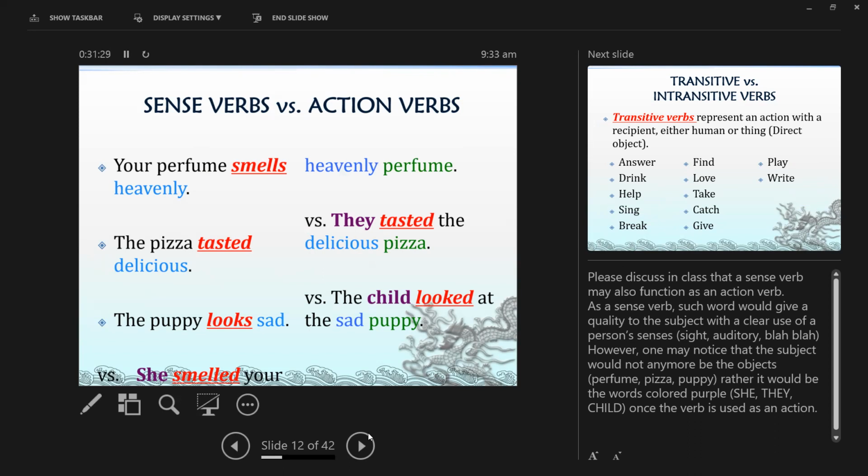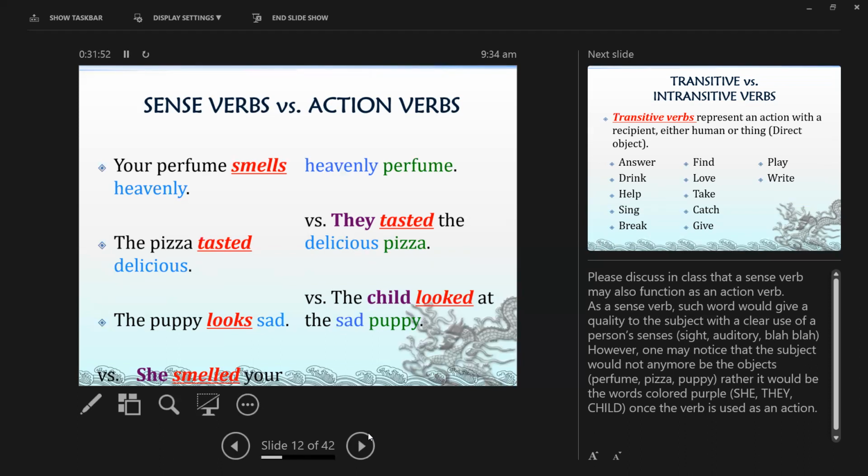Heavenly describes the smell of the perfume. But here, the verb that was used is a sense verb. The sense verb smells. Your perfume smells heavenly.